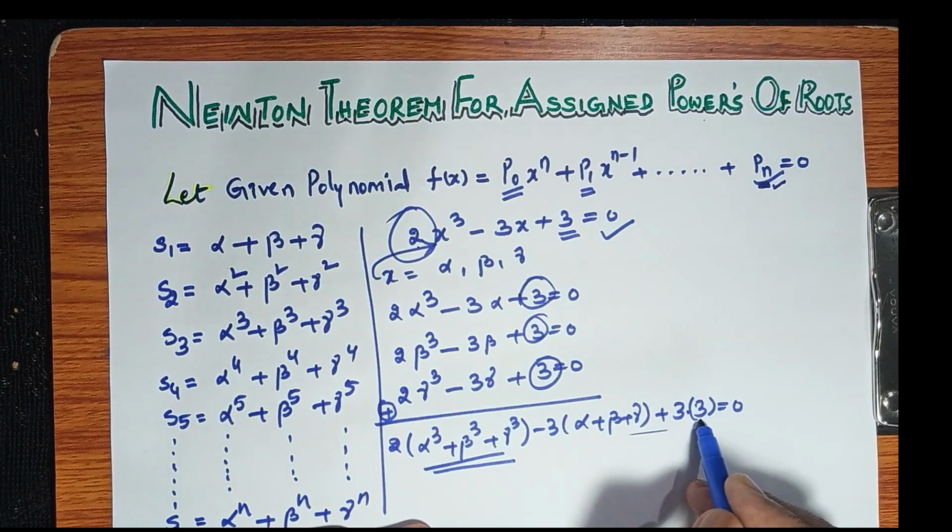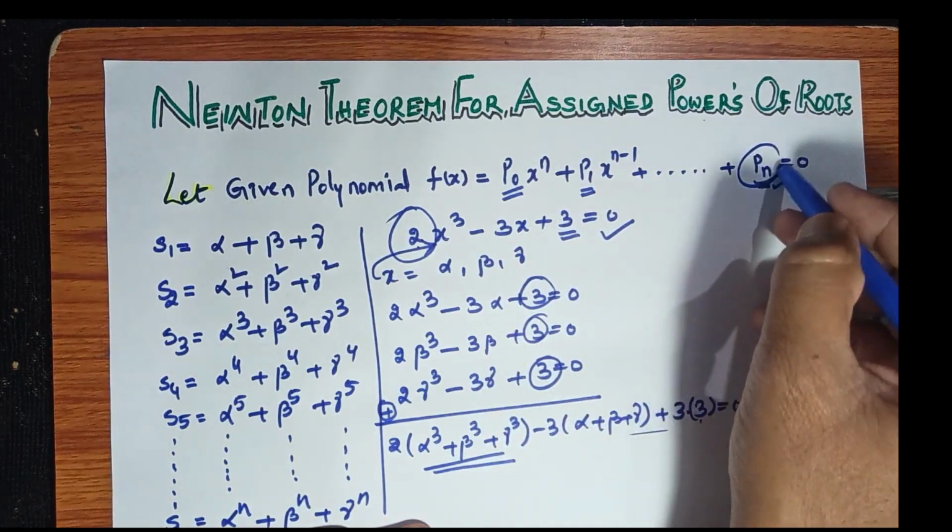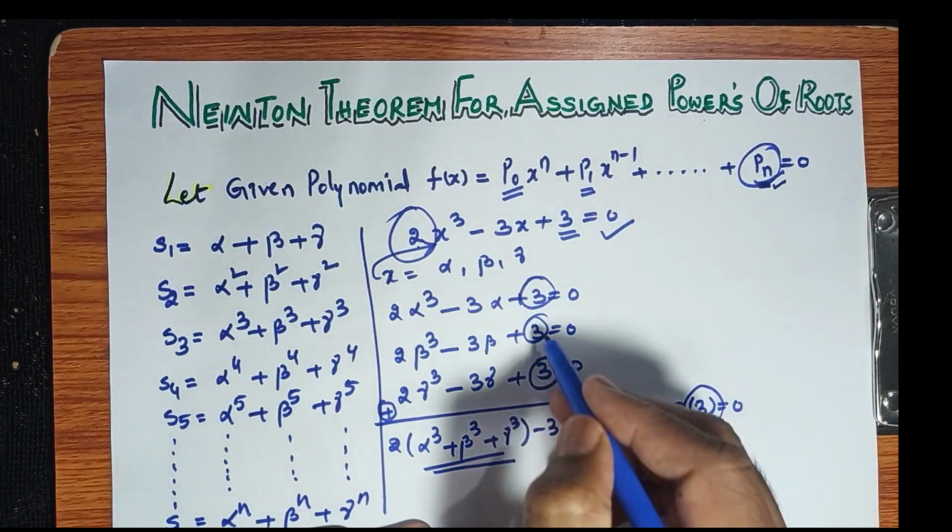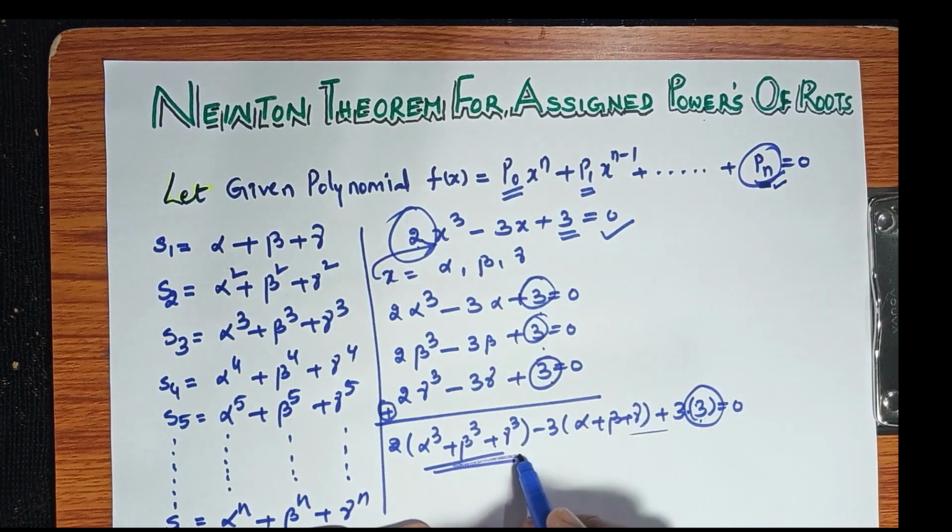In the solution, Pn is multiplied by as many times as the power you want.